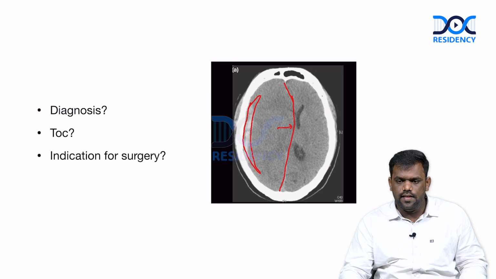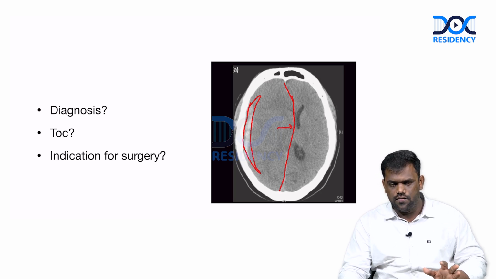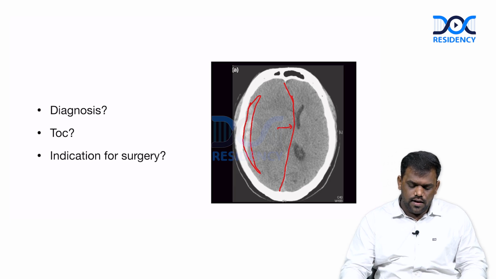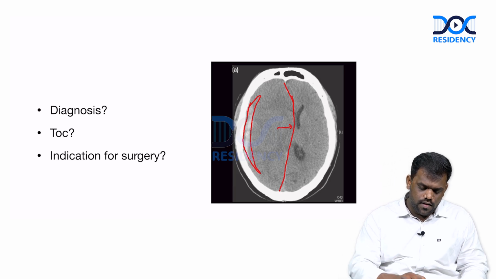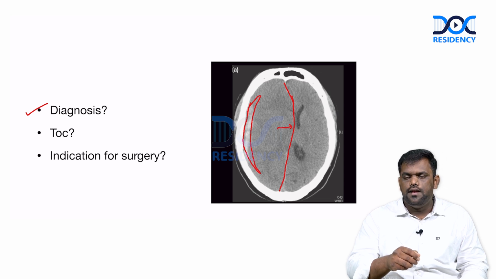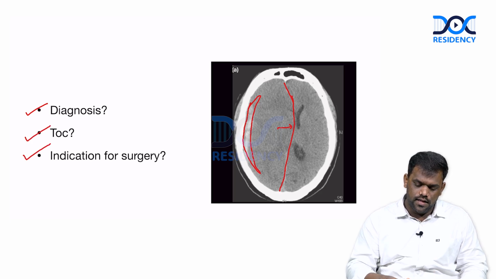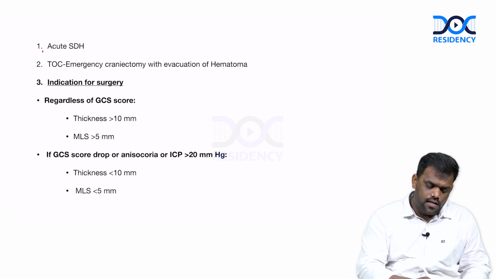It shows the patient has raised intracranial pressure. So what is the diagnosis in this patient? Whenever you see a concavo-convex shaped hyperdense lesion in the CT, what is the diagnosis, what is the treatment of choice, and what is the indication for surgery? The diagnosis is acute SDH.